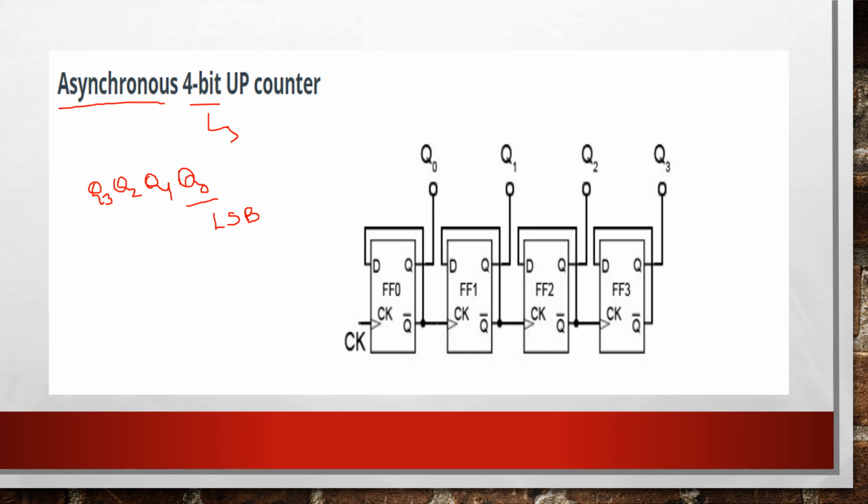So as you see in the diagram, the Q0 is here, Q1, Q2, Q3.